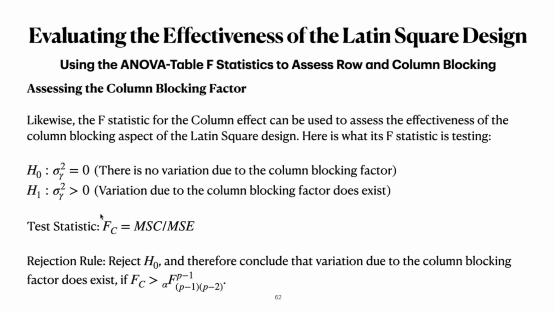The test statistic for this test is F sub c, the F statistic for the column blocking factor. The rejection criterion, again, is to reject the null hypothesis if this F statistic exceeds the upper alpha percentage point of the F distribution with p minus 1 numerator degrees of freedom and denominator degrees of freedom equal to p minus 1 times p minus 2.